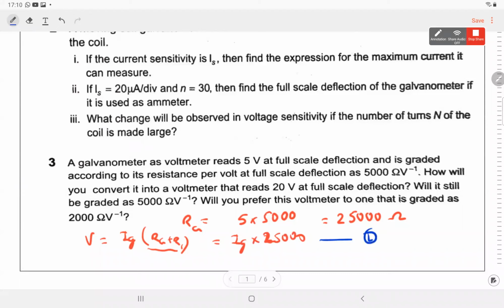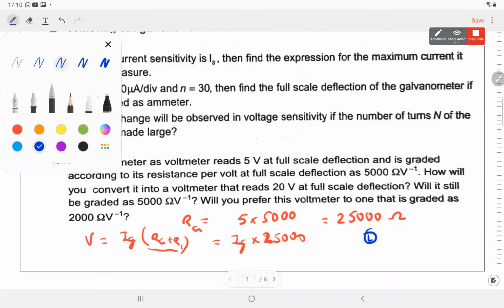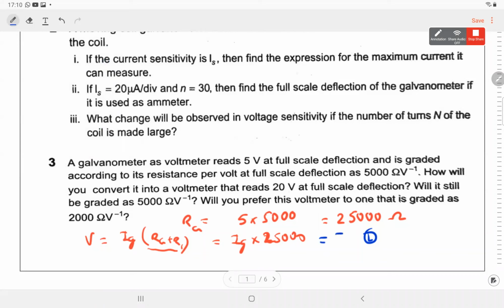The second time, the required reading of this voltmeter is 20 volt. Earlier it was 5 volt, so we can equate this to 5. The second time IG is the same, and we require an additional resistance.